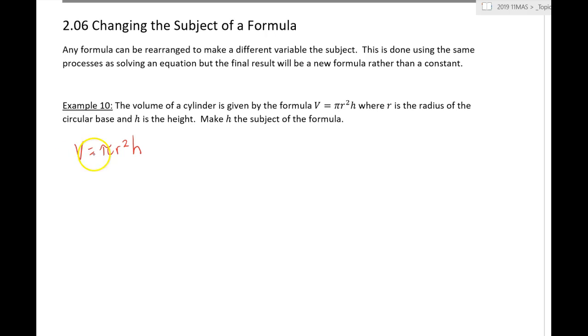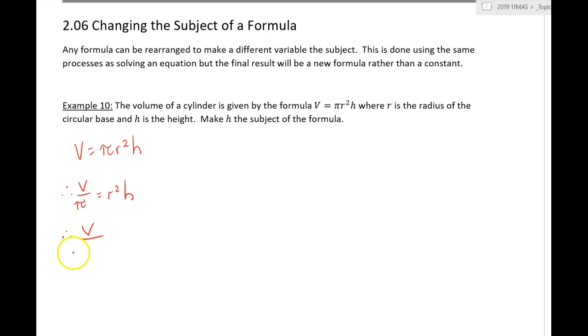I'm going to first of all divide both sides by pi. Therefore, my volume over pi equals r squared h. We're getting a little bit closer there. Now I'm going to divide both sides by r squared.